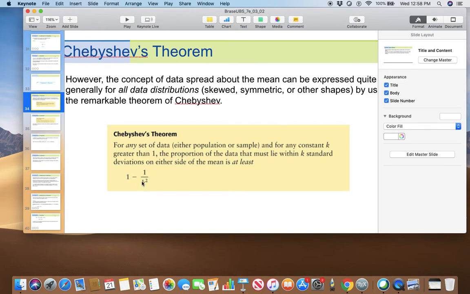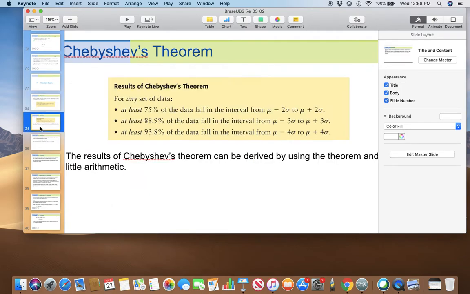So note the important points. The constant k has to be greater than 1, within k standard deviations. And here it is "at least." The proportion of the data that lies within is at least 1 minus 1 over k squared.